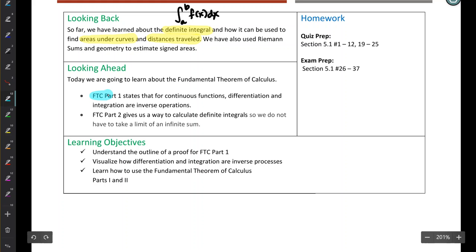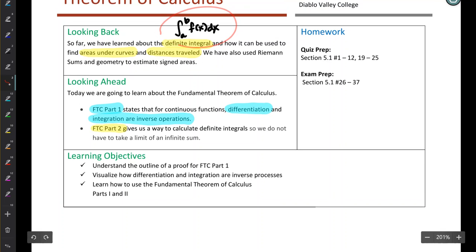The first part says that for continuous functions, differentiation and integration are inverse operations. They do and they undo each other. In other words, integration is anti-differentiation. The fundamental theorem of calculus part 2 gets at evaluating definite integrals in a very smart way.